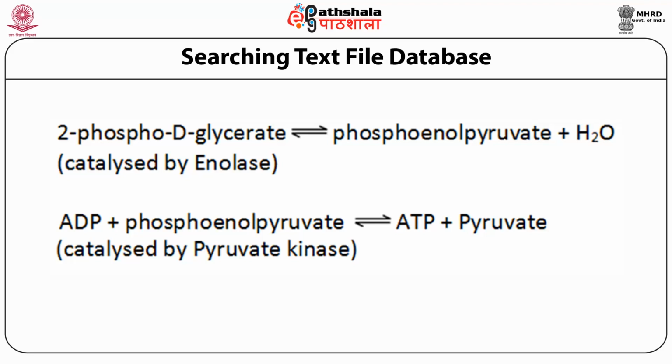Therefore, this connects the 2 records in the enzyme database. That is, the first enzyme produces a product which becomes the substrate for the next enzyme. So the 2 records, although recorded in the same database, are not only able to provide data values but also to reveal information connecting the records.